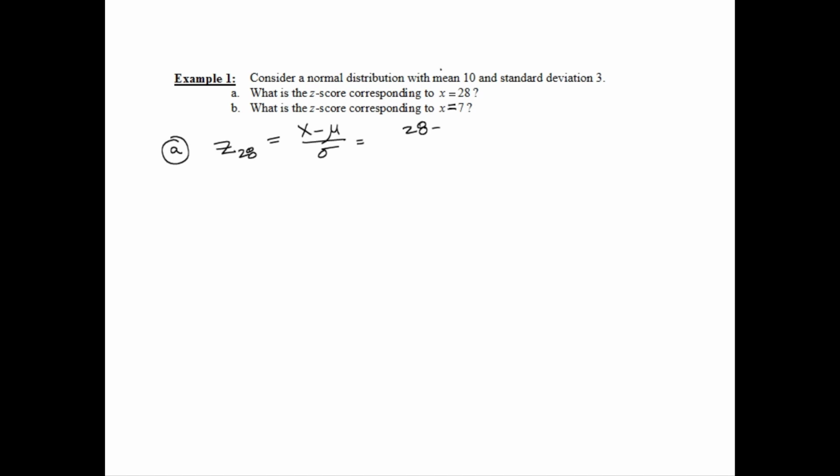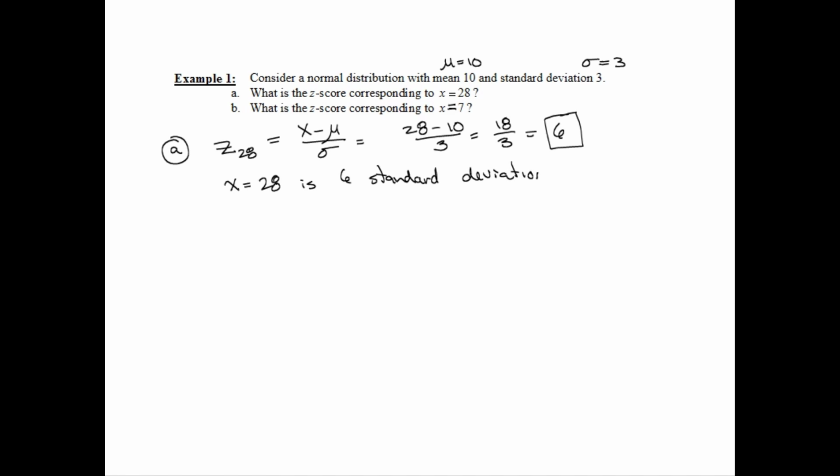Our mean is 10, that means our mu is 10, and our sigma is 3. That's our standard deviation. So we do 28 minus 10 divided by 3, which is 18 over 3, which is 6. What that tells me is that an x value of 28 is 6 standard deviations above the mean.